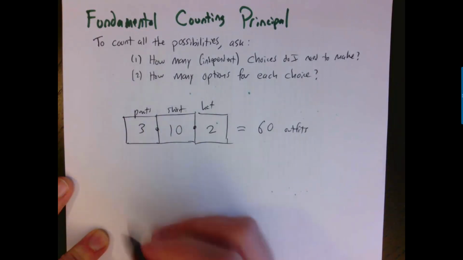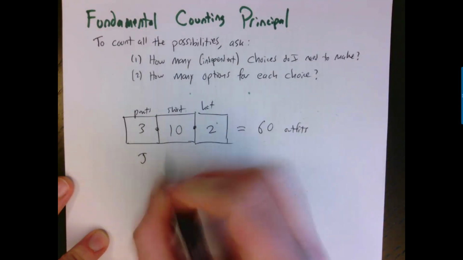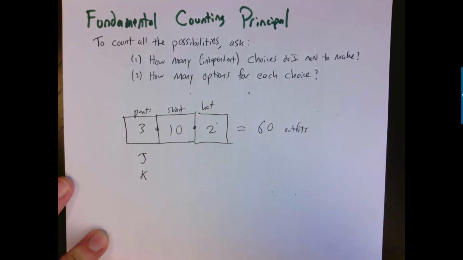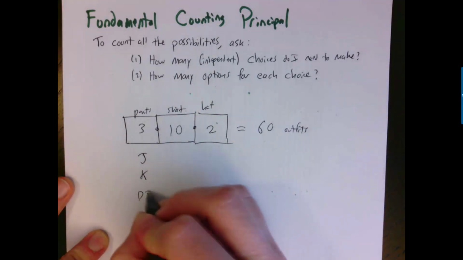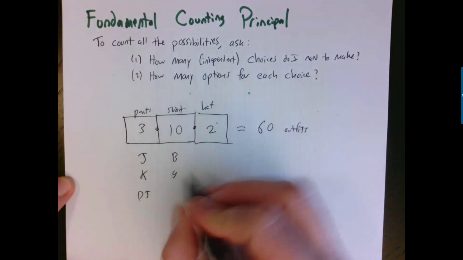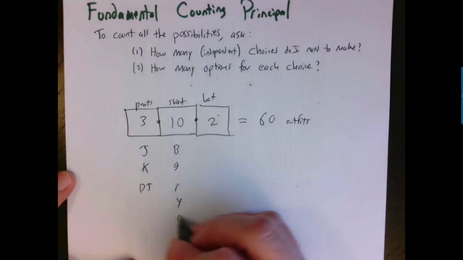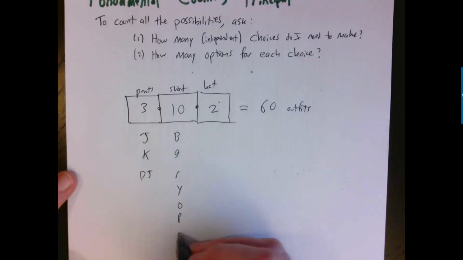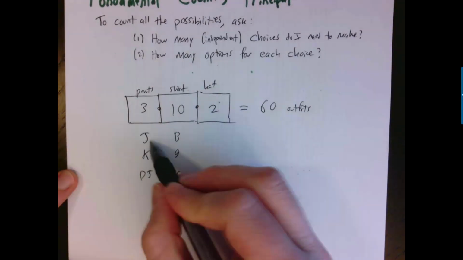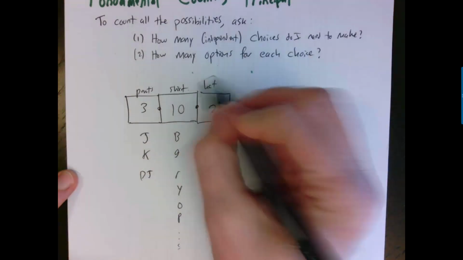This sort of makes sense if you think about it. Let's say my pants are jeans and khaki and dark jeans, and my shirts are brown and green and red and yellow and orange and purple and so on. So you can list out all the possibilities. Let's pretend I don't have a hat anymore.